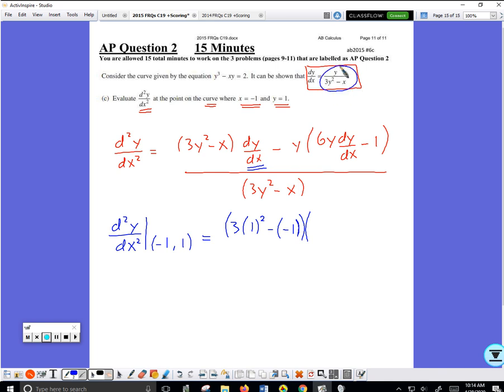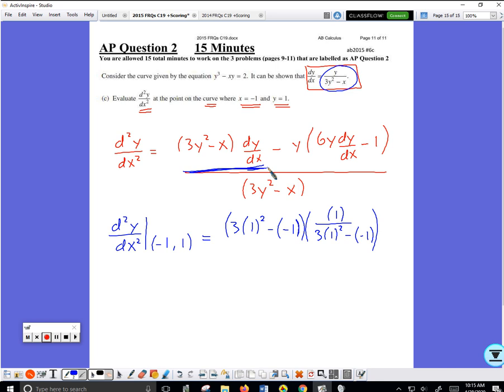So I got to put that in. So I have the y value, which is 1, divided by 3 times 1 squared. Don't forget the parentheses. Minus parenthesis -1. Okay, that's all of this right here.